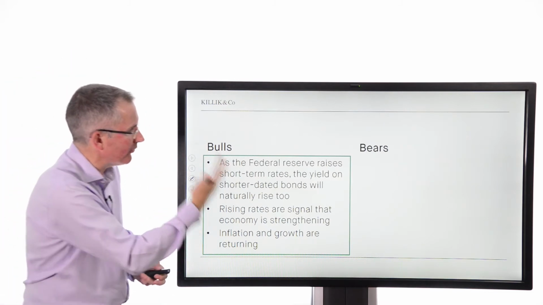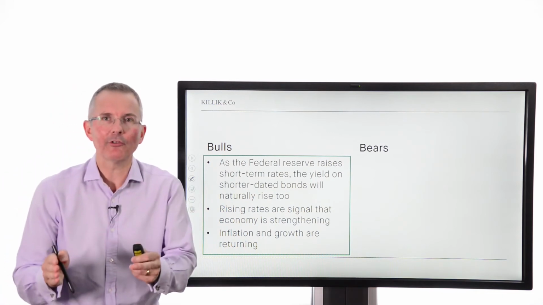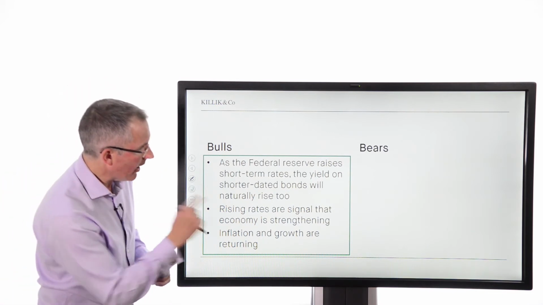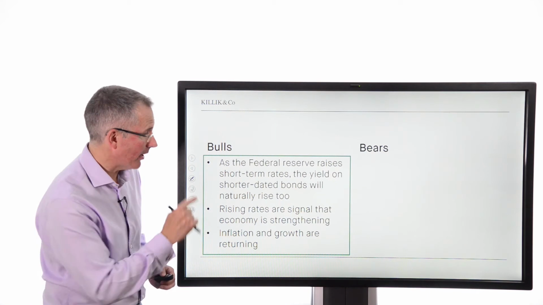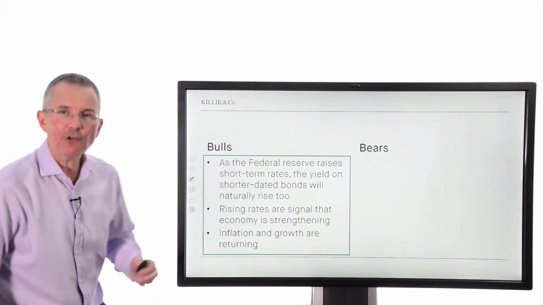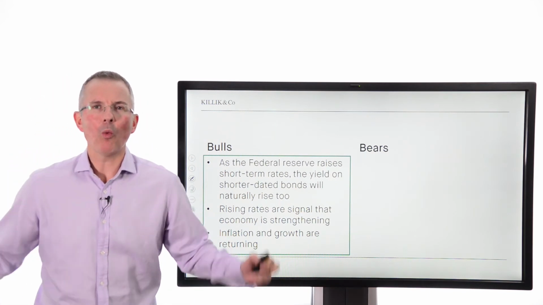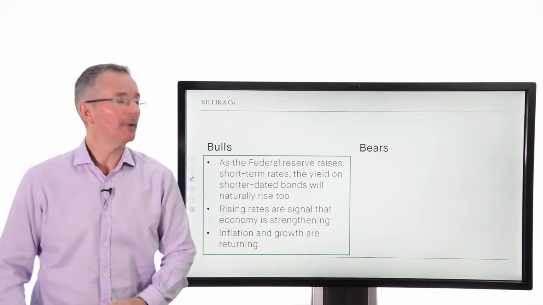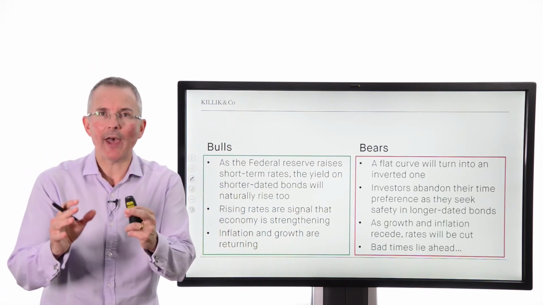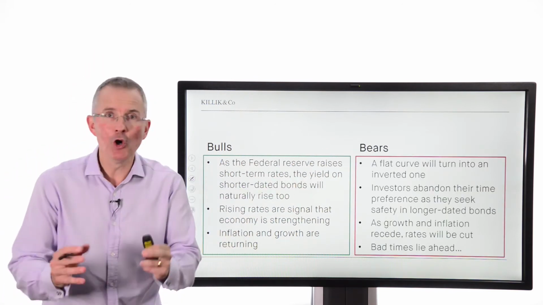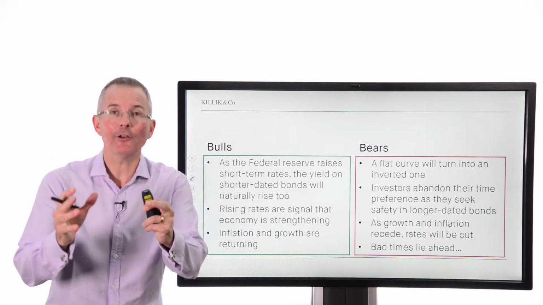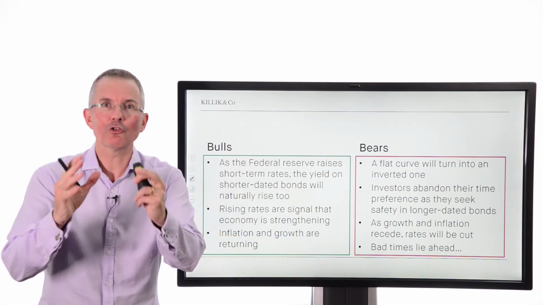So what's going on is just a natural reflection of what the Federal Reserve's been doing recently. Okay? Rising rates by the Federal Reserve are a signal the economy is strengthening, inflation and growth are returning. Why worry? It's not a problem. But there are bears out there who are saying, no, a flat curve could turn into an inverted one, and inverted ones usually signalled trouble ahead.